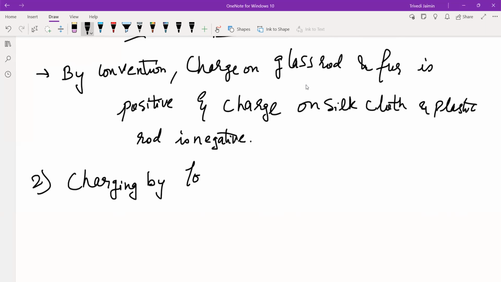Charging by touch. Before starting this topic, one more thing I want to tell you. This Friday and next Monday, I won't be able to take your class, but the test will be on Sunday as usual. It will be from the first topic. I already said, right?